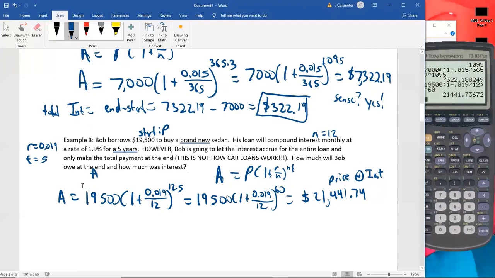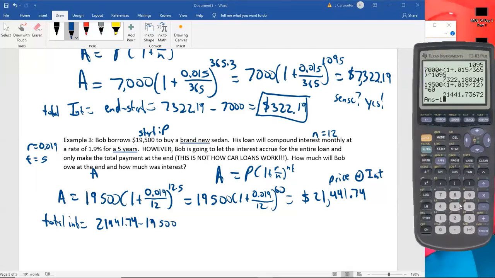So this price makes sense. Our $19,500 car ends up costing us roughly $21,500. You can see the dollars and cents there, meaning that the total interest, being the end minus the start value, would be 21,441.74 minus 19,500.